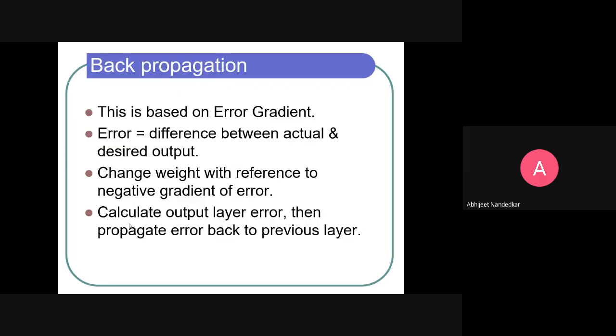Now based on that, we are going to see a very popular algorithm of artificial neural networks, called backpropagation. Those who have understood backpropagation, I say that they have understood the basics of artificial neural networks.